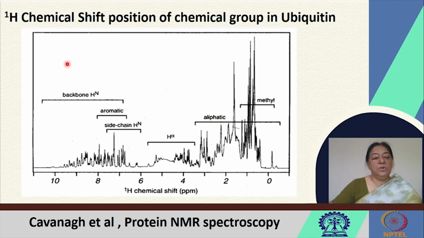Knowing that the amino acids linked together have their hydrogen atoms in the backbone, in aromatic amino acids, in the specific side chains, also in our alpha hydrogen atoms that we see, and the aliphatic and the methyl groups. So depending upon this, there is going to be a specific chemical shift associated with the proton that is dependent on the chemical group, particularly present in the proteins.